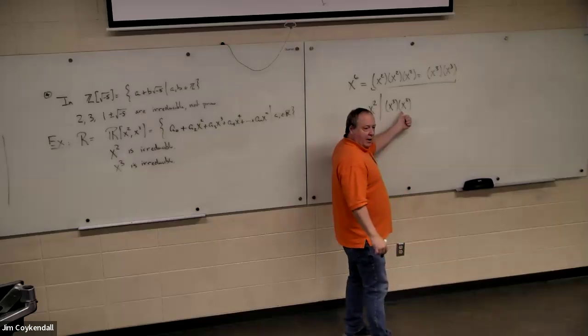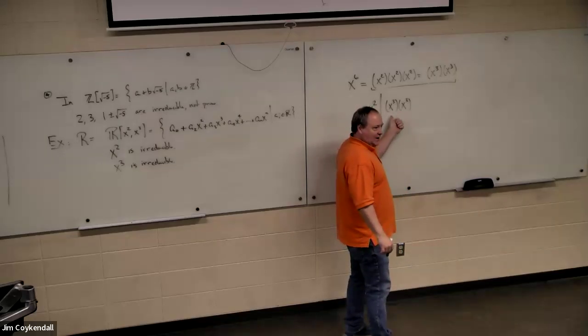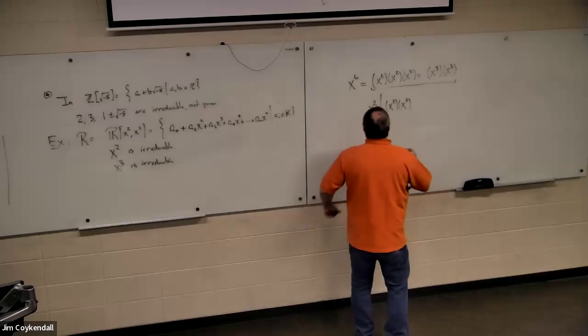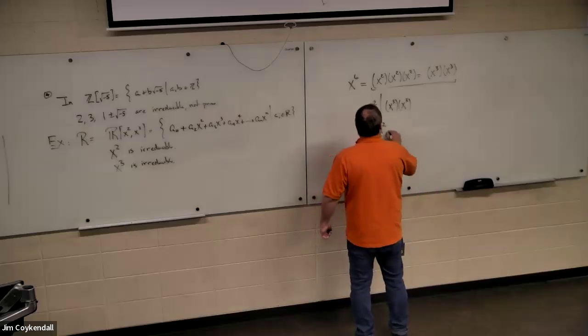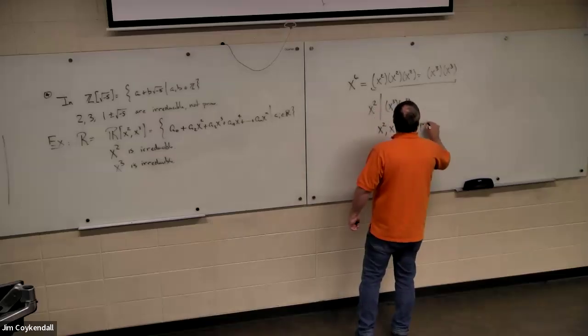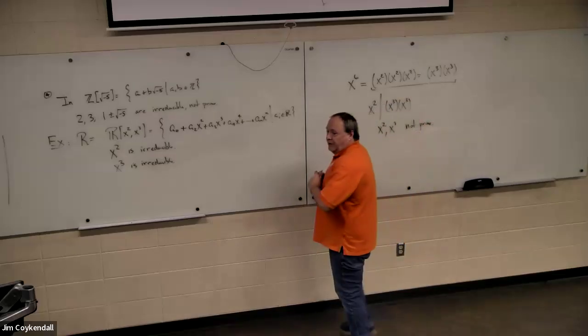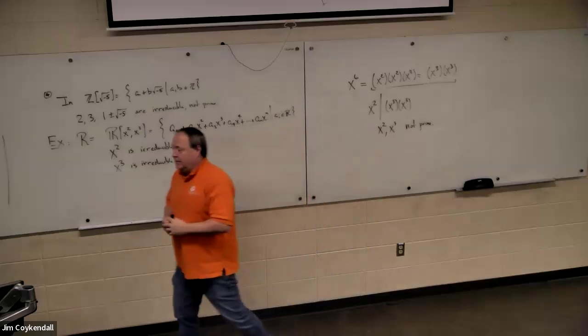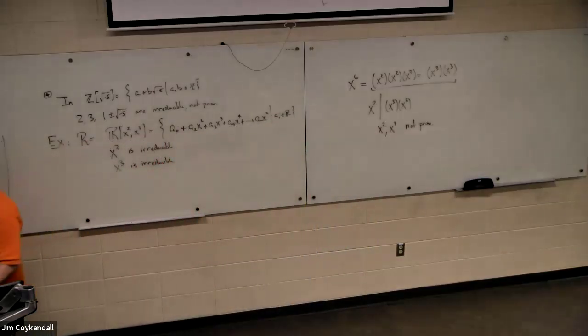X squared divides this product, but it doesn't divide either one of these. Because if it divided x cubed, there'd have to be a linear, and there isn't, right? So this is a good example. Both x squared and x cubed are irreducibles. They're also not prime. And you see that we have factorizations here that not only can they be different, they can be of different length.